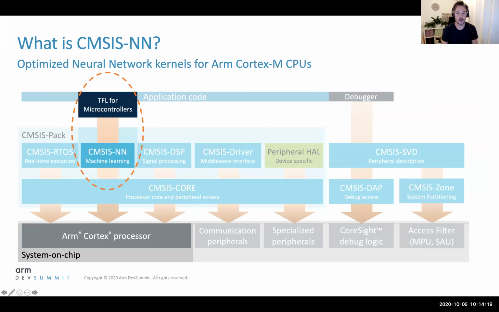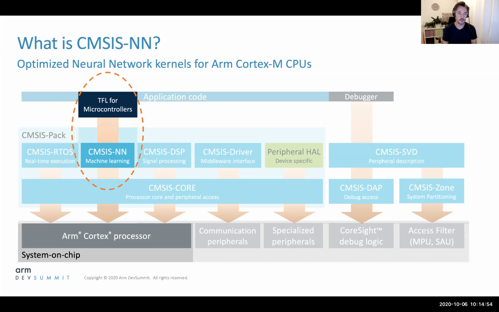So first question, what is CMSIS-NN? If I take one step back and talk about CMSIS, CMSIS stands for Cortex Microcontroller Software Interface Standard, and it's a collection of APIs, libraries, debug utilities, etc. It's intended to make your life as an end user simpler by accelerating and simplifying creation of microcontroller applications.